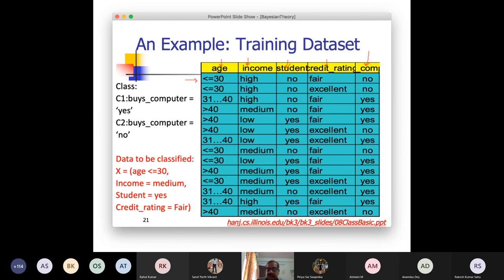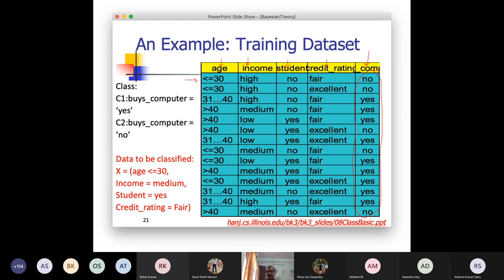That would give me the likelihood of age less than or equal to 30 given the class C1, right? So in this way, you will be computing. And how do you compute the prior of the class? You observe this distribution and find out the fraction of times class C2 occurs and the fraction of times class C1 occurs. This is the prior.